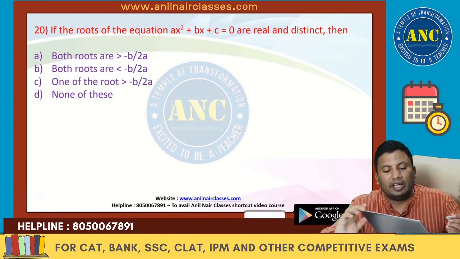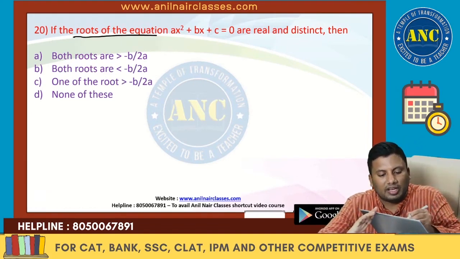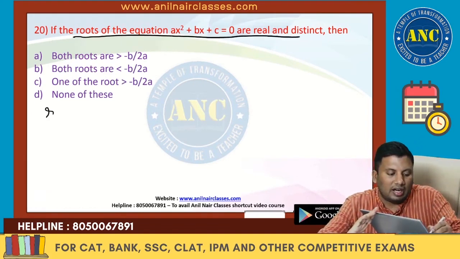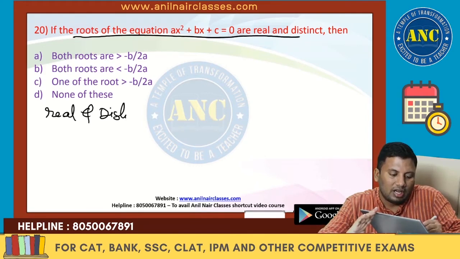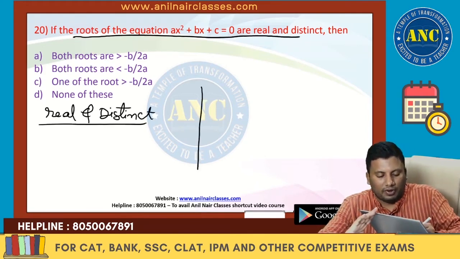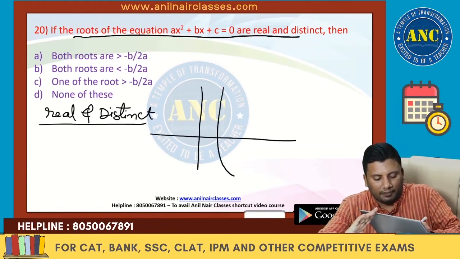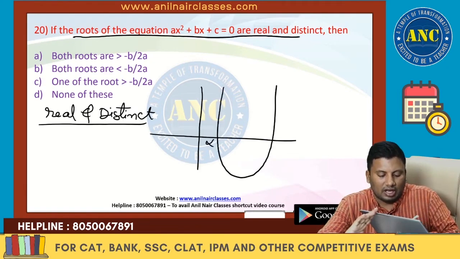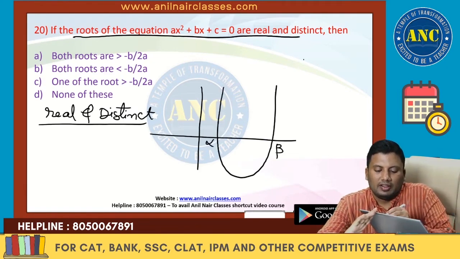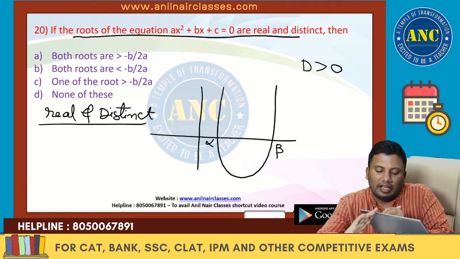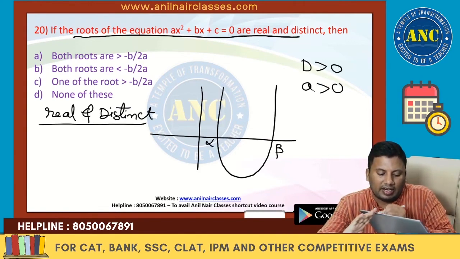Now 20th question. If the roots of the equation are real and distinct. I already told you in the workshop, algebra workshop 1. This is alpha, this is beta. This is the graph for d greater than 0 and a greater than 0.